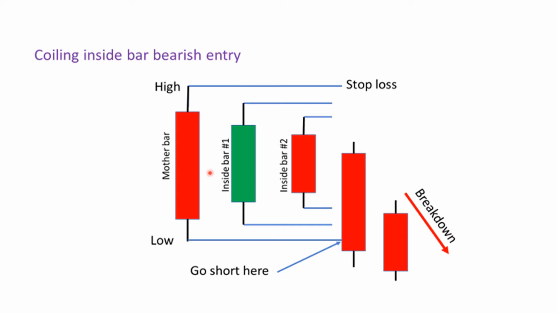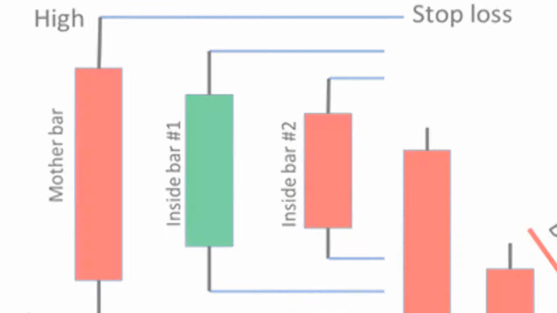So this is how you can enter or exit the market using the quelling inside bar pattern. Let's have a real example to clarify the strategy.